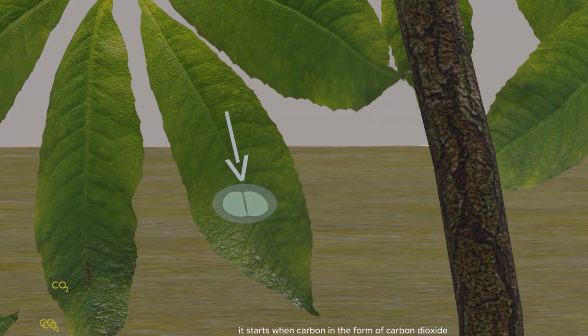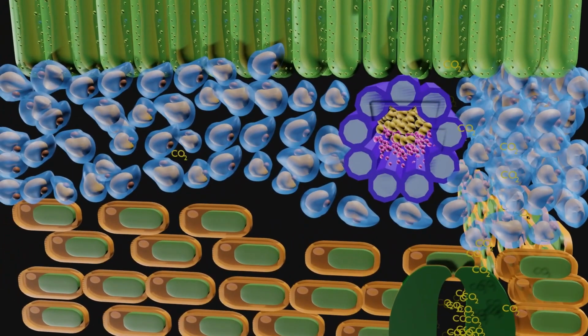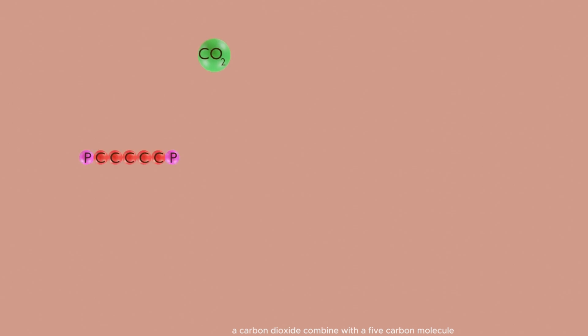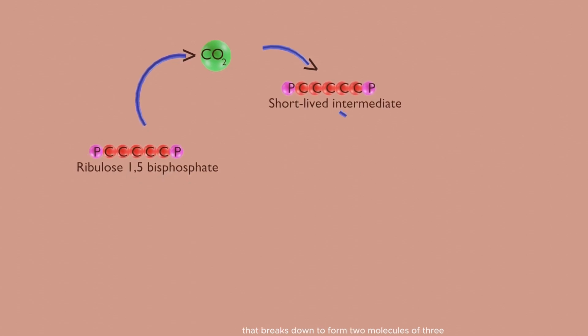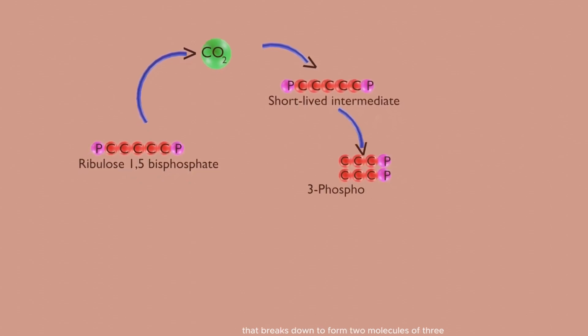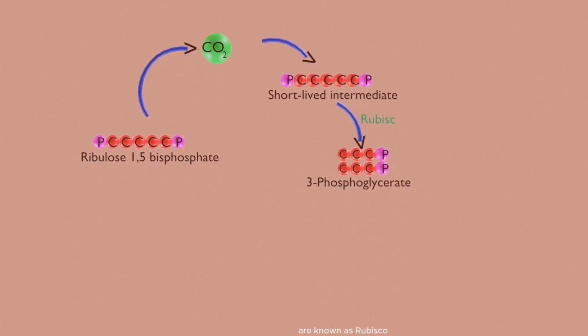It starts when carbon in the form of carbon dioxide enters through minute pores in the leaves called stomata, where it diffuses into the stroma of the chloroplast. Carbon dioxide combines with a 5-carbon molecule, ribulose 1,5-bisphosphate, to form an unstable 6-carbon intermediate that breaks down to form 2 molecules of 3-phosphoglycerate. This step is catalyzed by the enzyme known as rubisco.